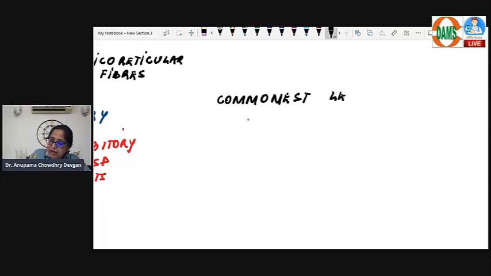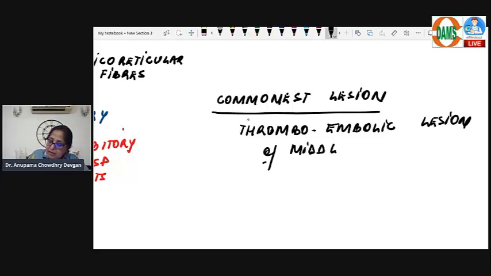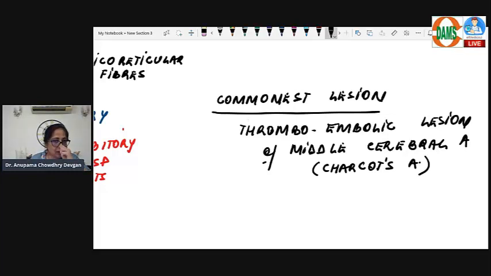The commonest lesion is a thromboembolic phenomenon, a lesion of the middle cerebral artery, especially the branch of the middle cerebral artery which supplies the posterior limb and the genu, called Charcot's artery. Right? Thromboembolic lesion.